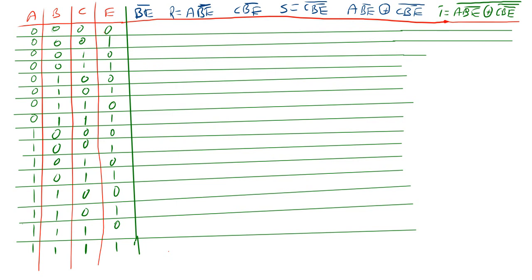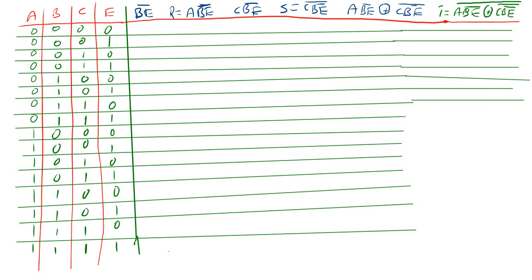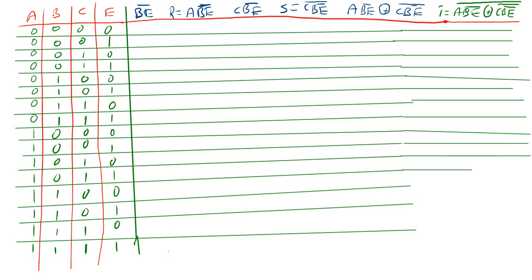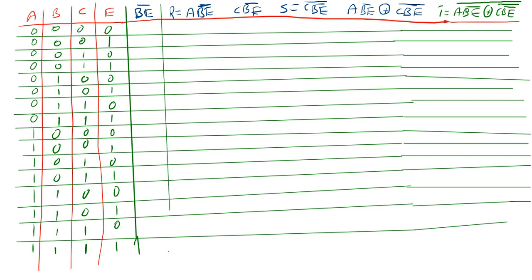So let's have our table covering up to the last column. So our table is like that. These columns, each of them.